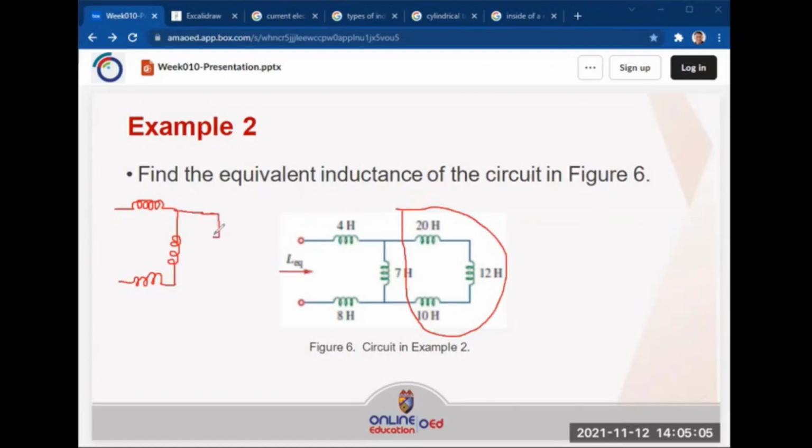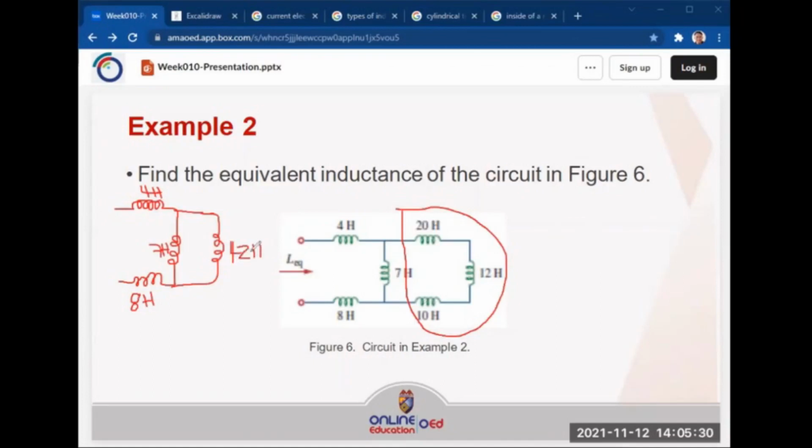So we can simplify this. 4 Henrys, 7 Henrys, 8 Henrys. Since these are in series, we can add 20 plus 12 plus 10, 42 Henrys.